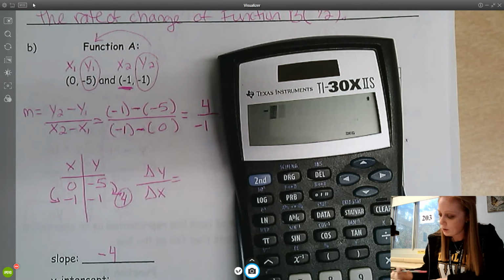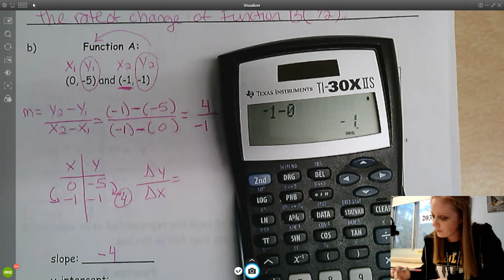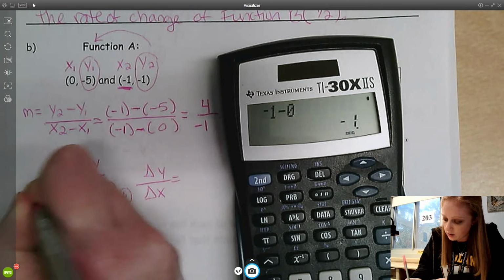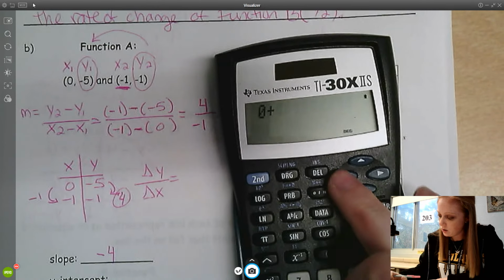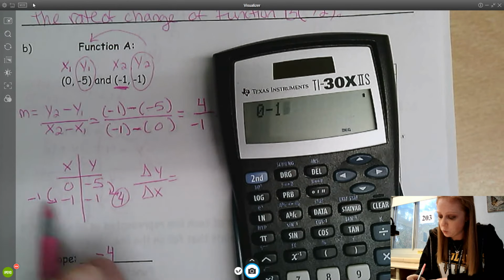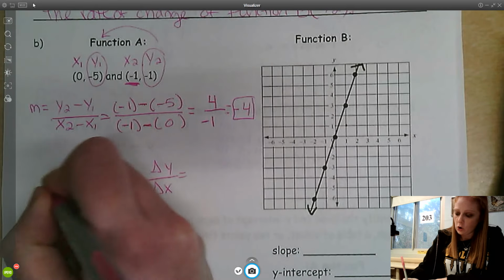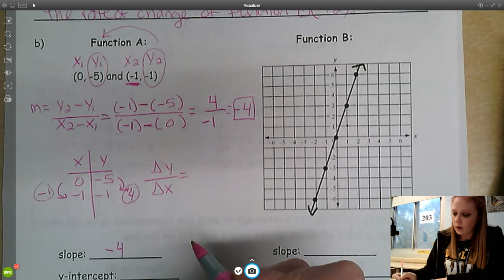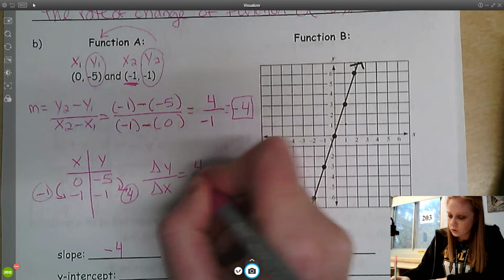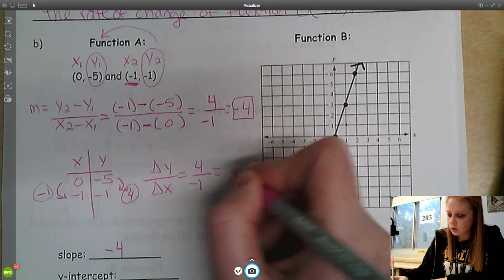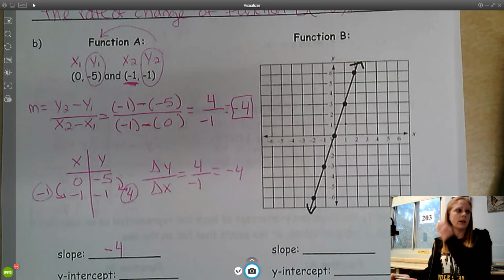If I'm not sure, let me go backwards and subtract. -1 minus the 1 before it. -1. Let's check. Is 0 minus 1 going to be -1? It is. So my slope is 4 over -1, change in y over change in x, which simplifies to -4 again.